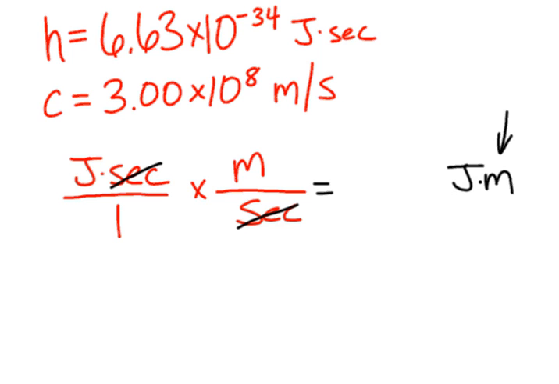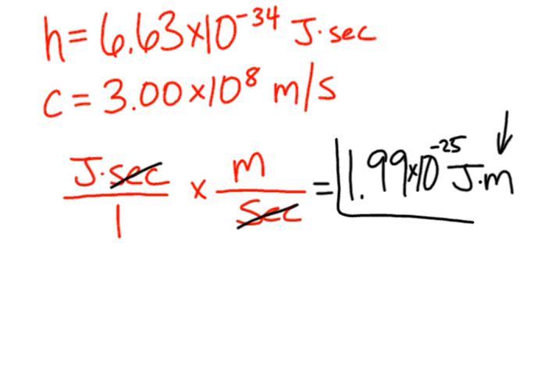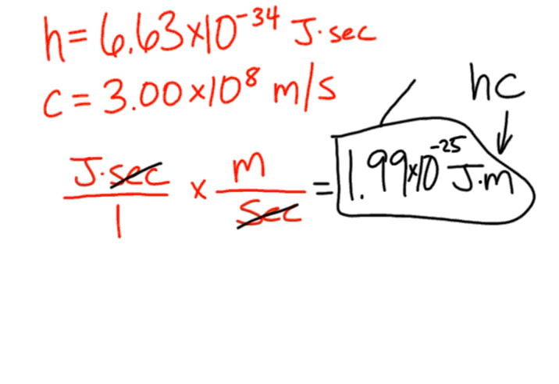So when I multiply 6.63 times 10 to the negative 34 by 3.00 times 10 to the 8th, I'm going to end up with 1.99 times 10 to the negative 25th joule meters. This is always going to be hc.